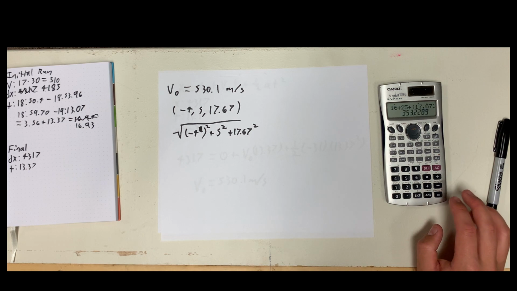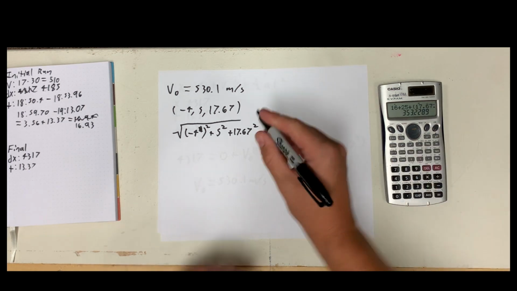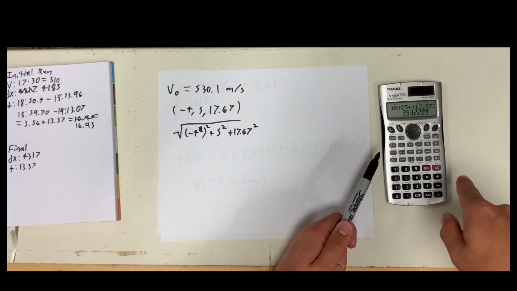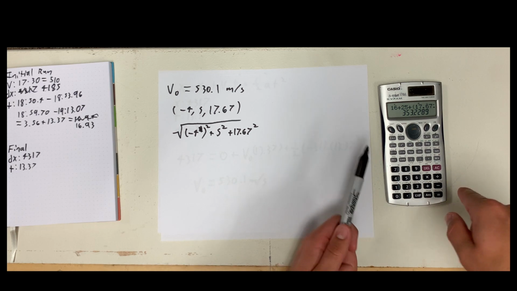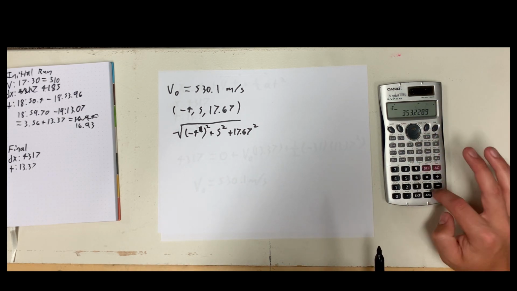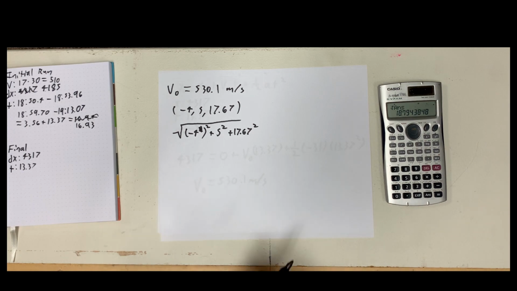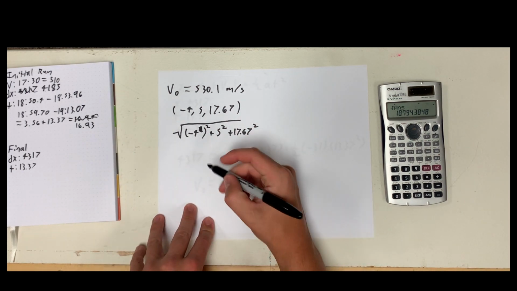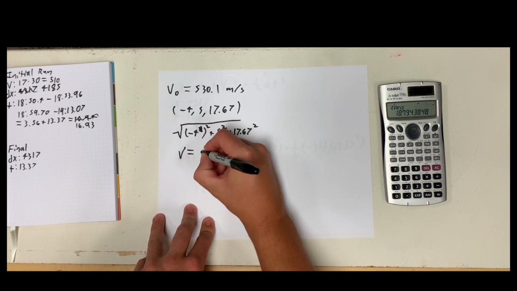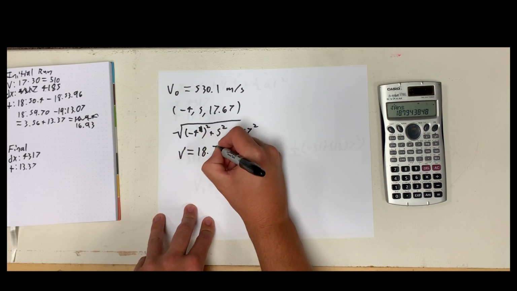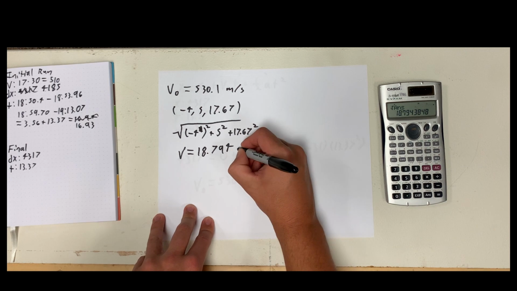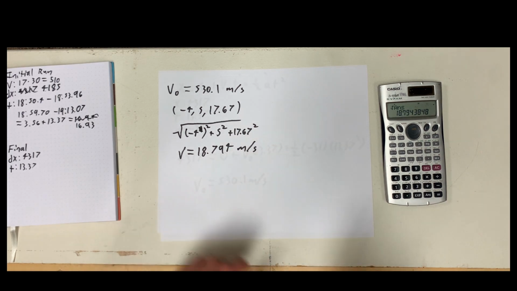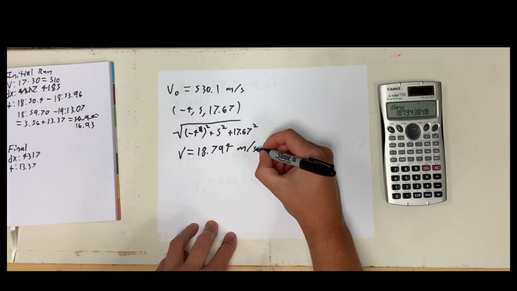So that is going to be 353.2289. Now let's take the square root of that. And we get that Link's final overall net velocity equals 18.794 meters per second. Or that's meters per frame.